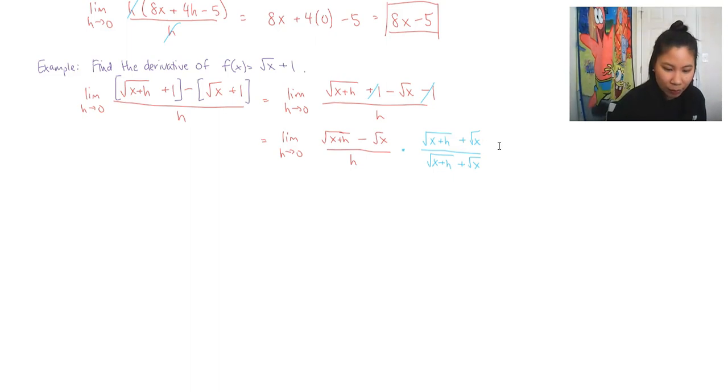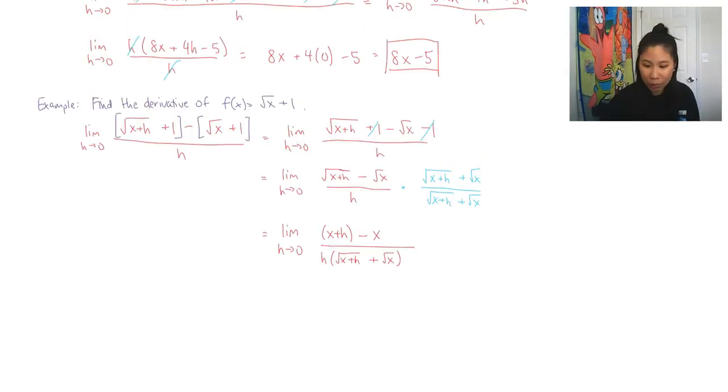So from here, when I multiply out the top, I end up with x plus h, regular without the square root, minus regular x, all over the h that was originally there with the square root of x plus h plus the square root of x. So from here, the top can simplify even more because I can subtract x from the x plus h, leaving me with just h, which again is kind of nice, because then we can cancel that out with the bottom.